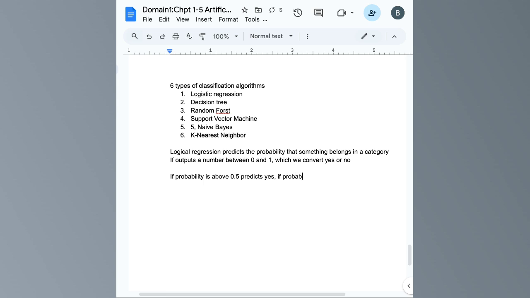If probability is below 0.5, predict no. It's best for binary classification, so use logistic regression for binary classification, which is basically an answer of yes or no.